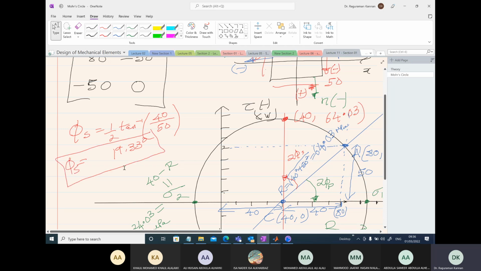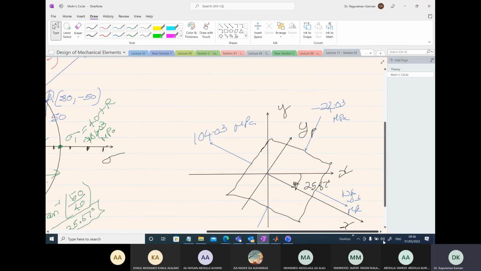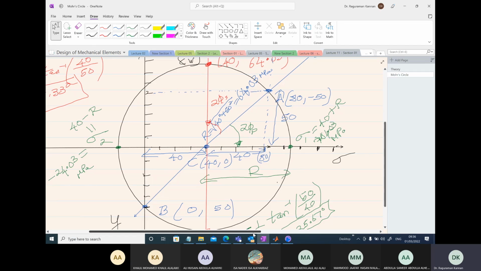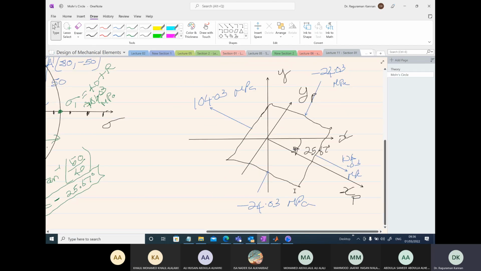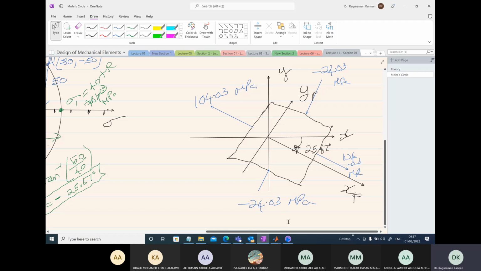Now we will be able to draw with respect to the x and y axes what the stress element is and in what direction it should be. We will know that. Let's draw it down.